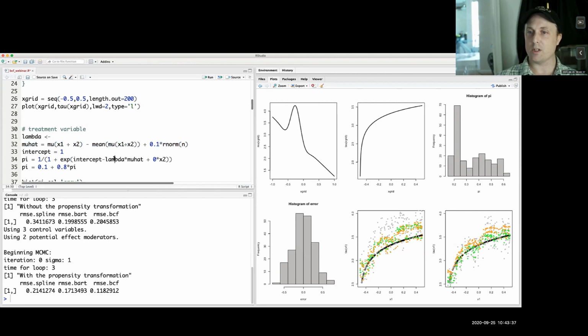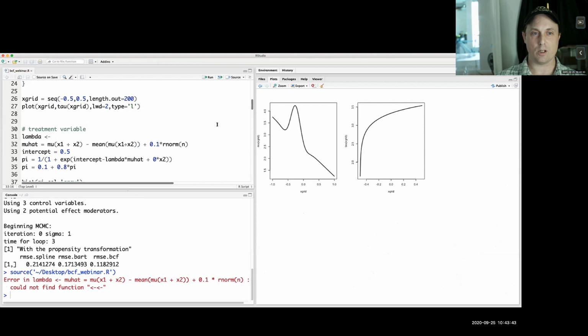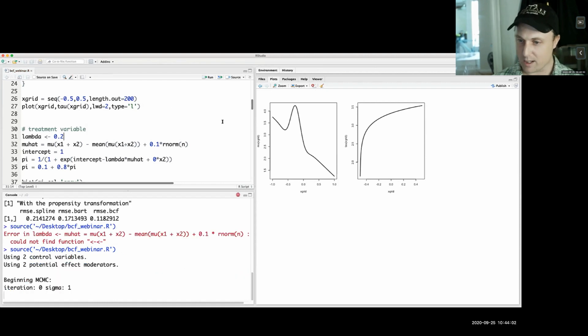And then that goes into a logistic link with this parameter lambda. So if I make lambda smaller, and I source the code, oops. That is not what I wanted to change. This is the problem with live coding. There we go. So if we make that small, then that means that the selection is not that strong.